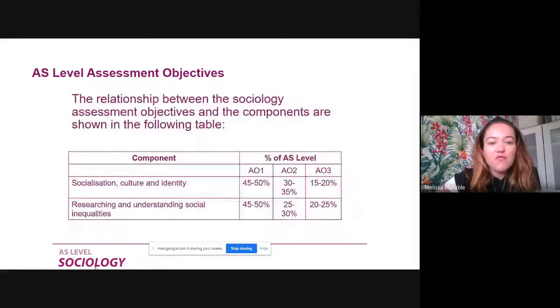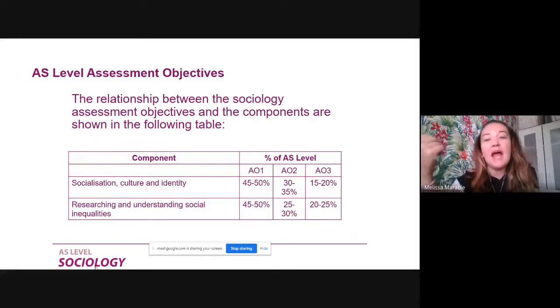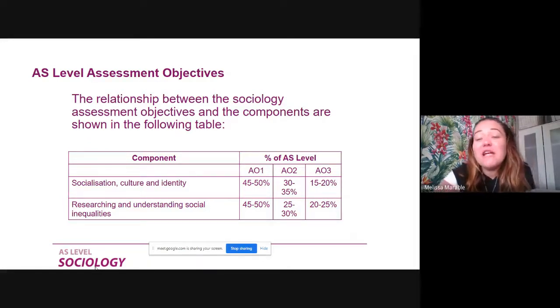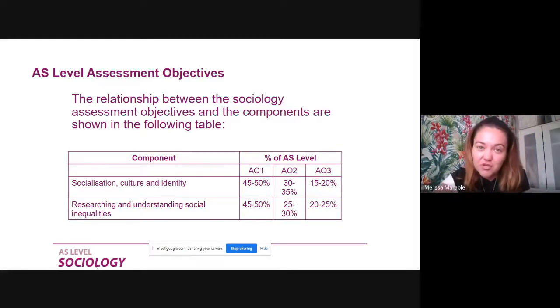Now the relationship between sociology assessment objectives and the components. Socialisation, culture and identity, the first one here in the box, is your paper 1, and that was section A, your introduction to sociology, with section B, the media. As you can see, AO1 is 45–50% knowledge, your application marks around 30–35%, and your evaluation is really low, 15–20%, because it's really the introductory paper to this course.